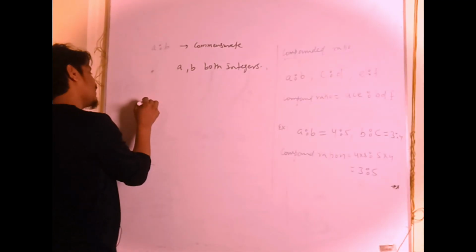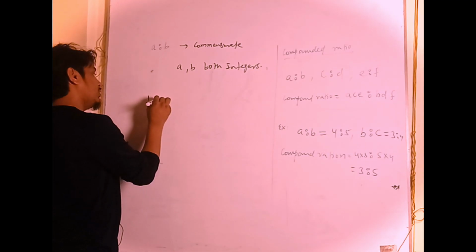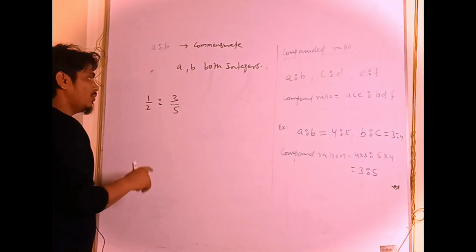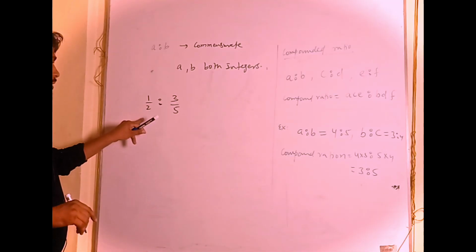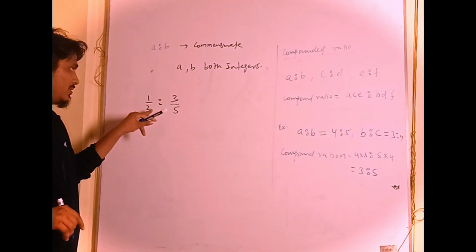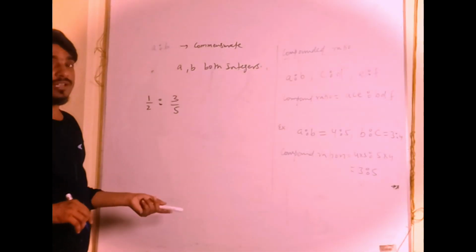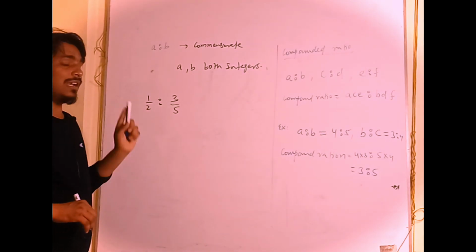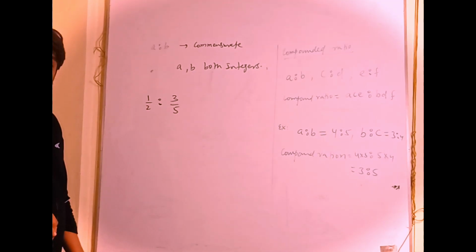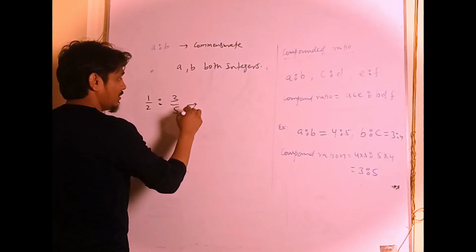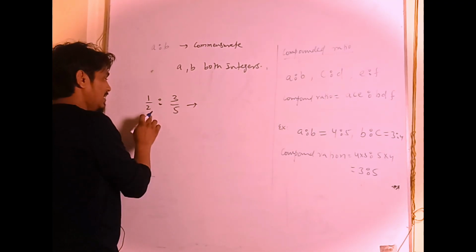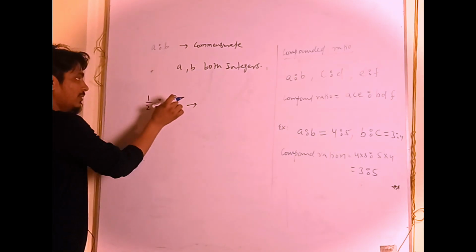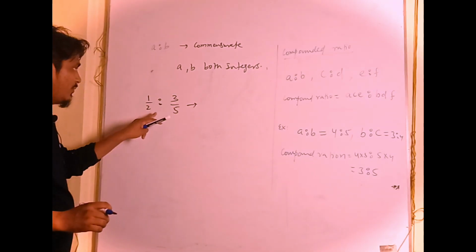For example, we are given 1/2 ratio 3/5. Here 1/2 and 3/5 are both fractions, not integers, so this is not commensurate, but it is commensurable by converting antecedent and consequent both into integers. We can convert this by cross multiplication, or by multiplying both by the LCM of the denominators of 2 and 5.